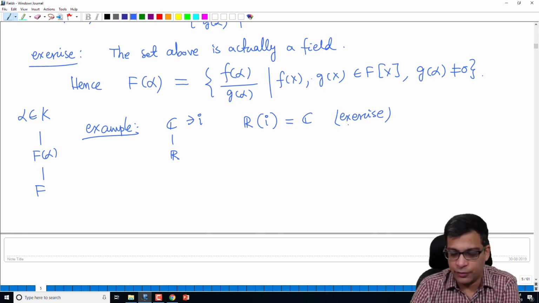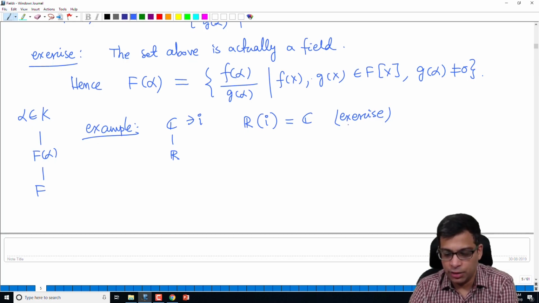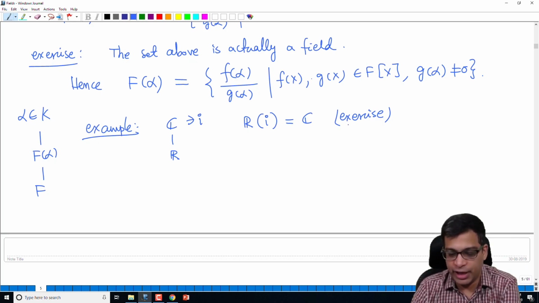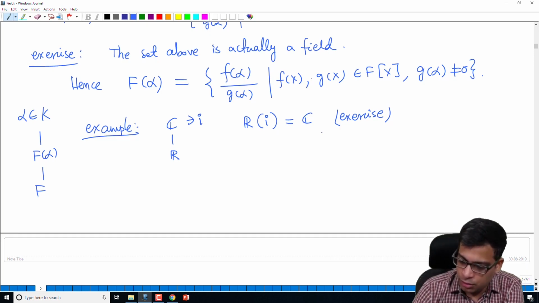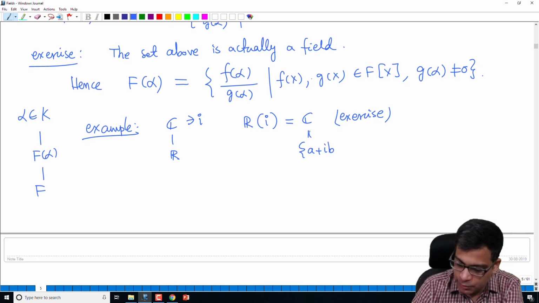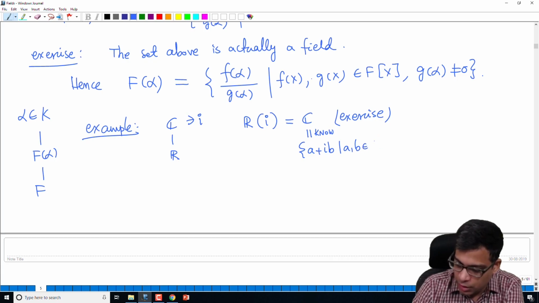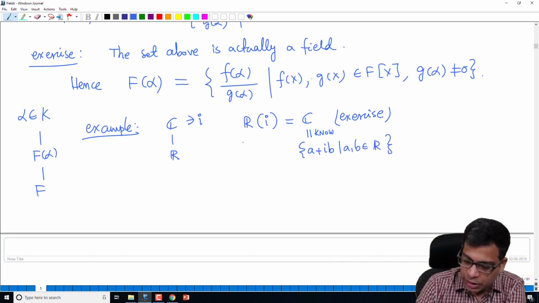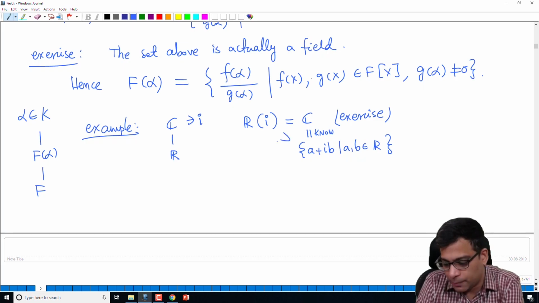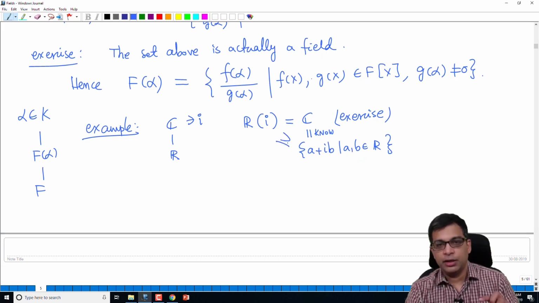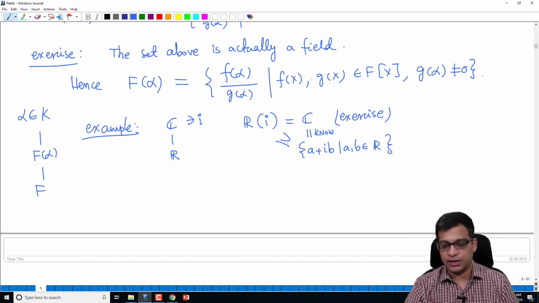In the description that we gave, it is going to contain f(i) by g(i), but every complex number is of the form a plus ib, where a and b are real numbers, right? So C is already a plus ib, this we know, where a, b are in R, but R(i) will certainly contain them, because R(i) is you take all polynomials with real coefficients.